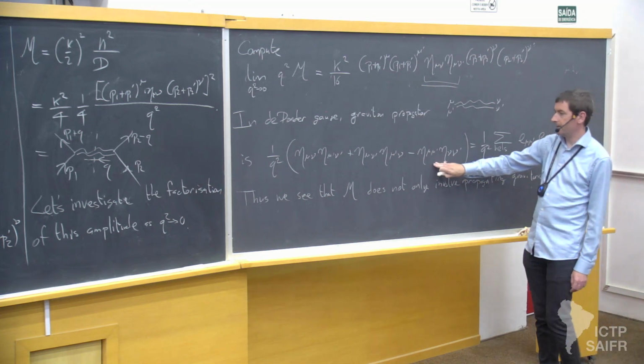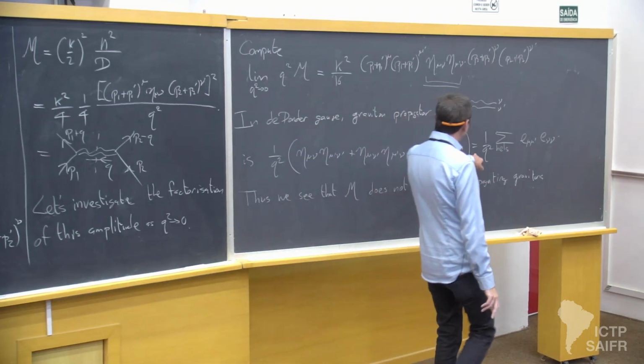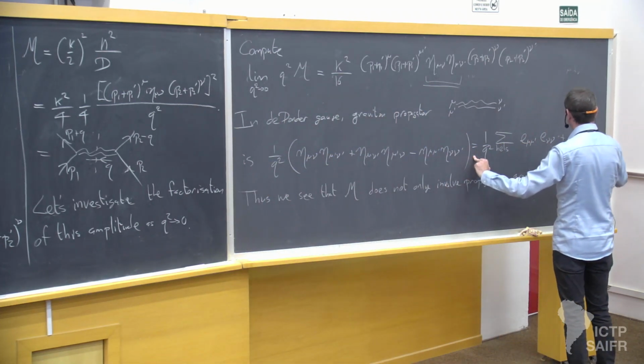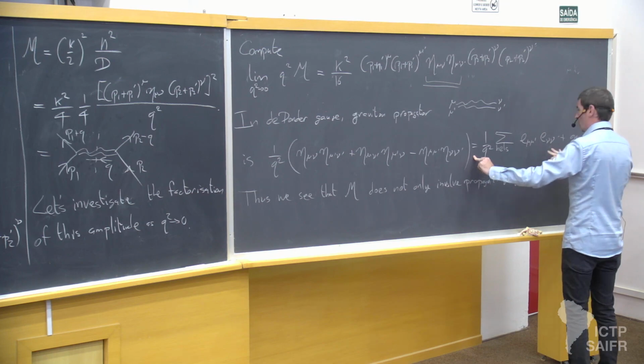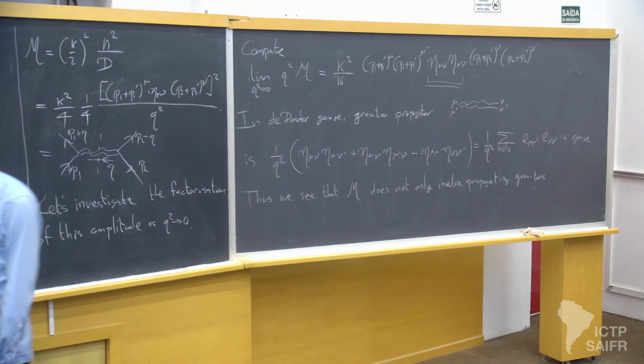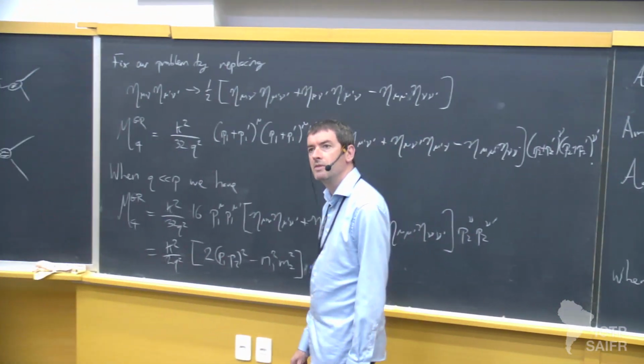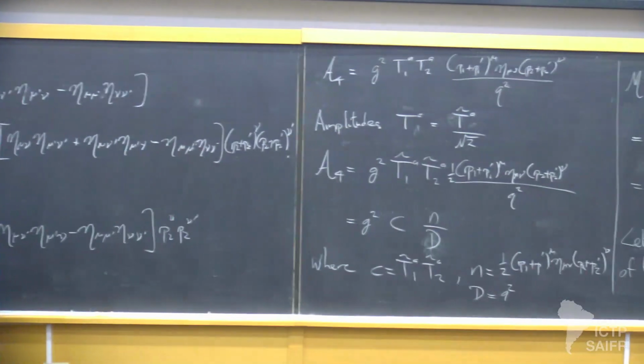So that's where this de Donder thing is coming from, this de Donder projector. I should say, there's plus gauge terms. So there will be some funny gauge terms in the middle, but they'll cancel away when they're connected into amplitudes. Does that answer your question? Yeah. Good.